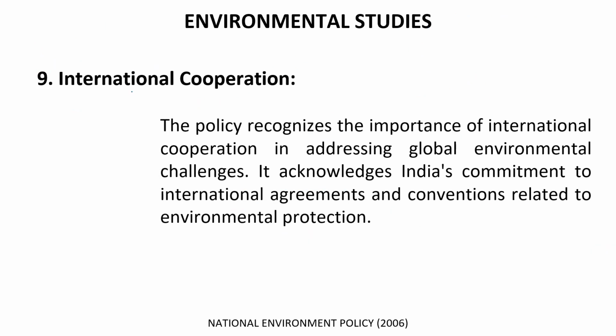Alright. Thereafter, international cooperation. This policy requires international cooperation to address global environmental challenges and acknowledges India's commitment to international agreements and conventions related to environmental protection, because Earth has no boundaries, but countries have.